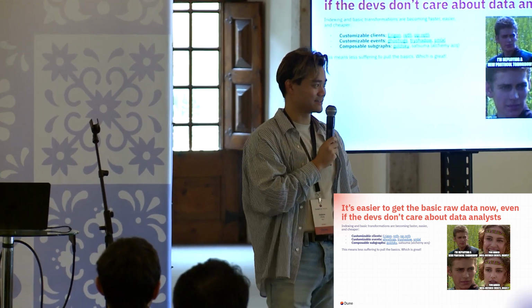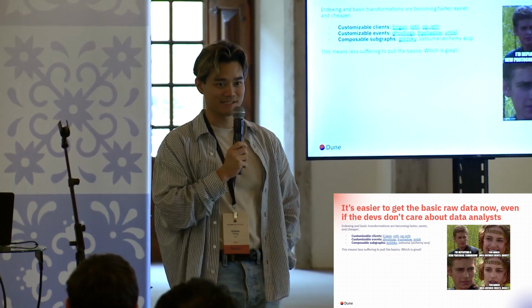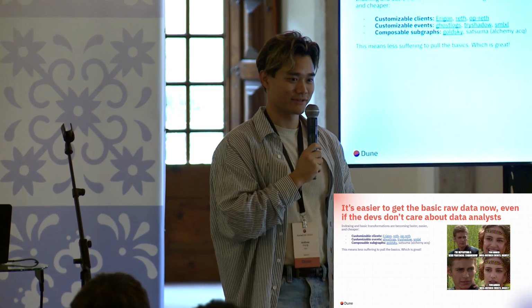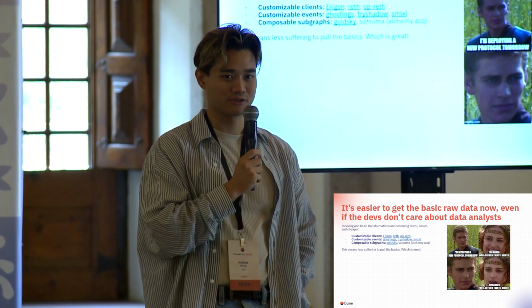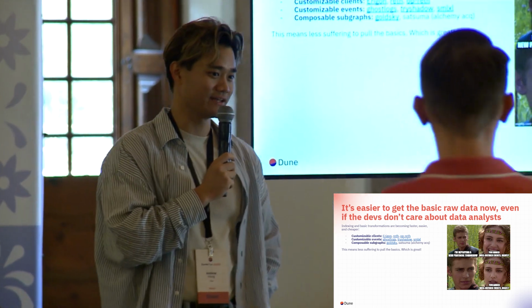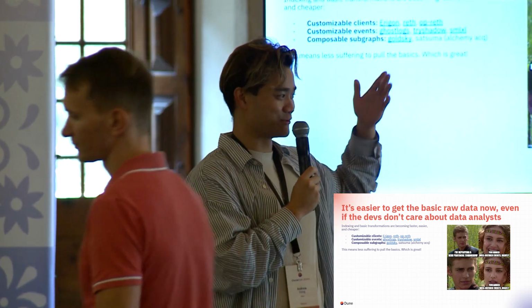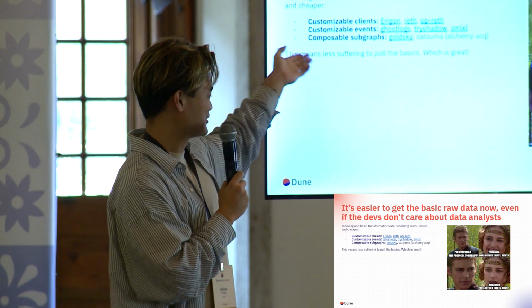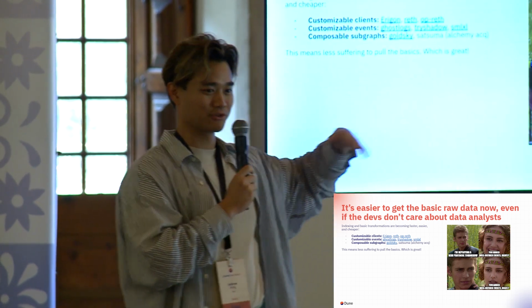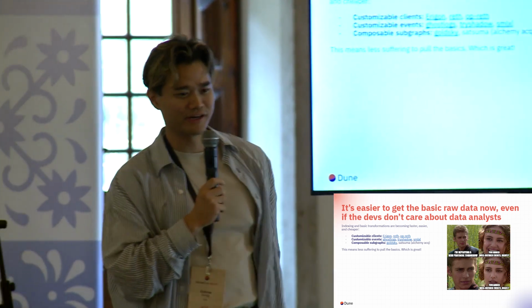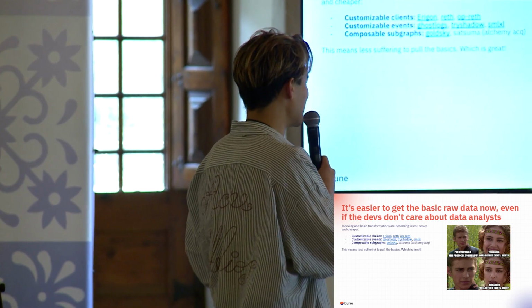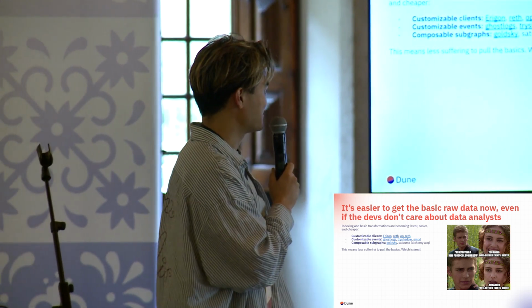The idea is that you can create your own RPCs off of blockchain data, so you can have a custom endpoint for Uniswap swap events built directly into the client, so that anyone who wants to use it can just download the client and get the data. They don't have to work through these extra steps of figuring out the RPCs and then figuring out the data transformations. On the other side, you also have customizable events.